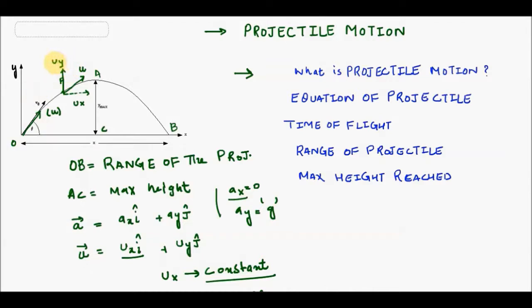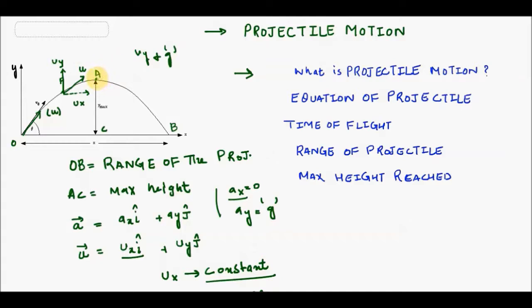Since uy is acting upwards and gravity is acting downward, the velocity component in the y-axis will continuously decrease, because both vy and g act in opposite directions. As time passes and the projectile covers its distance, the y component of velocity will keep decreasing until it becomes completely equal to 0, and that point is the maximum height reached by the projectile.